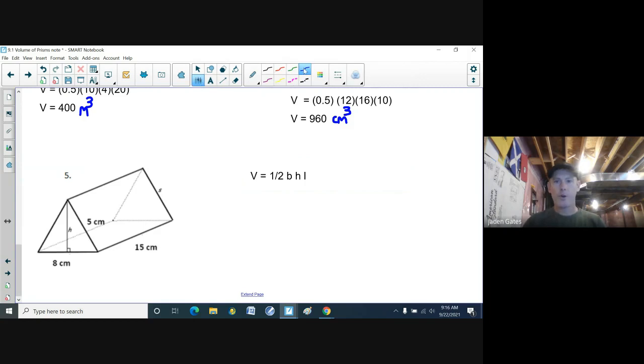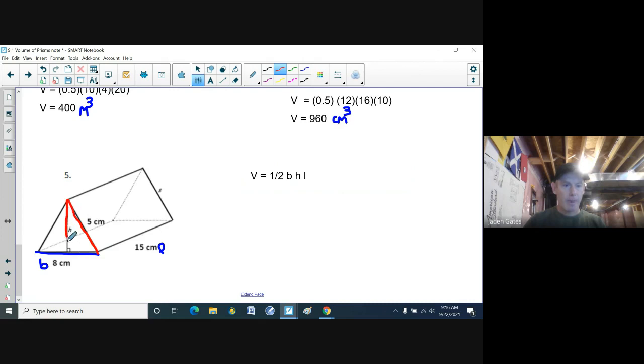Looking for my values, my base is all along the bottom here, so that's my 8. I have this distance along, how long the prism is, so that's my length. Now I've got a bit of a problem. This 5 is this red line here, which again is my slant height, and the h there is missing.